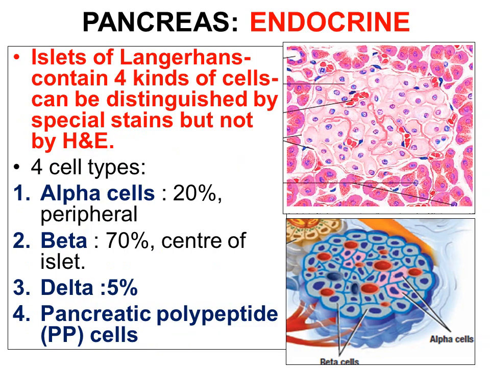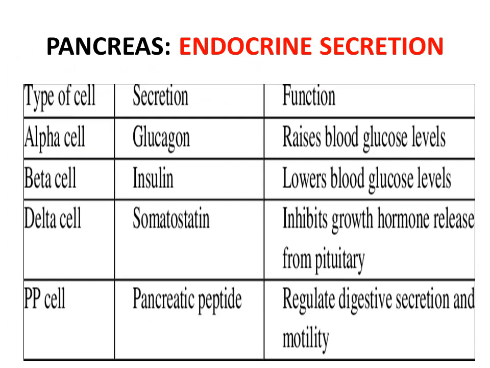Islets of Langerhans contain 4 different kinds of cells that can be distinguished by special stains but are not well appreciated by H&E. The 4 different types of cells are alpha or A cells, beta cells, delta cells, and the 4th type is pancreatic polypeptide cells. The alpha cells secrete glucagon, thereby raising the blood glucose level.